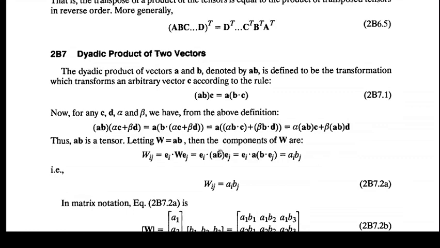Now here we have calculated the components of this dyadic product. Simply, you are saying that W is equal to AB, you can write Wij equals Ei dot W Ej, where instead of W you use AB. Using the definition, B dot Ej is Bj, and Ei dot A is Ai. So Wij is equal to Ai Bj.